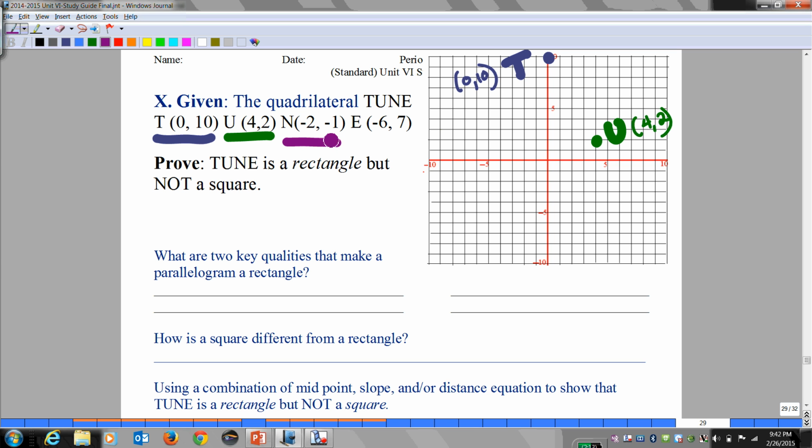And N is at negative 2, negative 1. And E is at negative 6, positive 7.